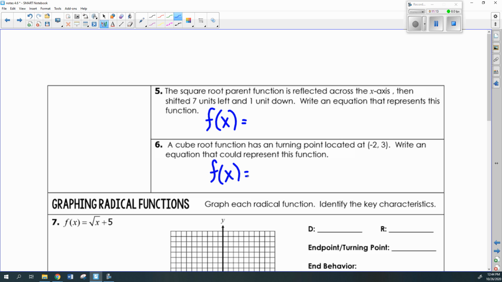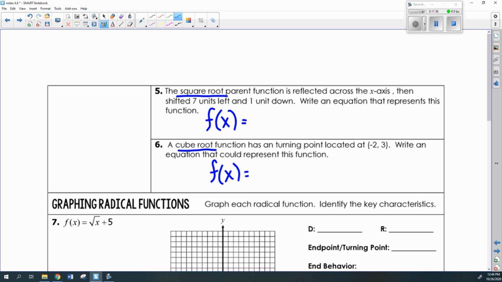Now, you should obviously pick that piece out, but leave yourself a little bit of space here in the front in case you need a negative or in case you need a number because there was a reflection or a vertical stretch or shrink. So I'm going to leave myself a little bit of space there as I read the problem.